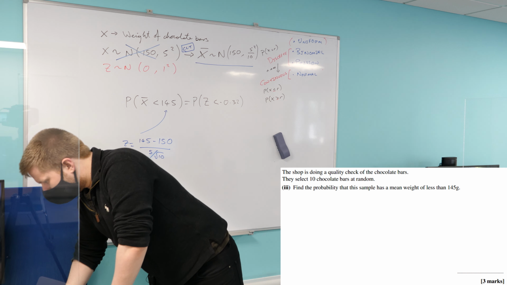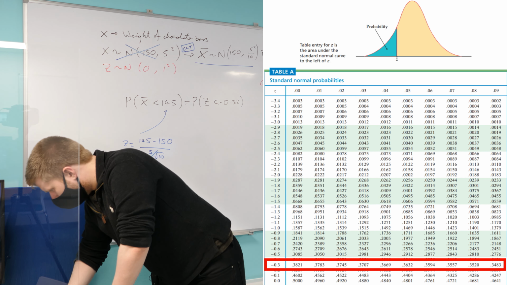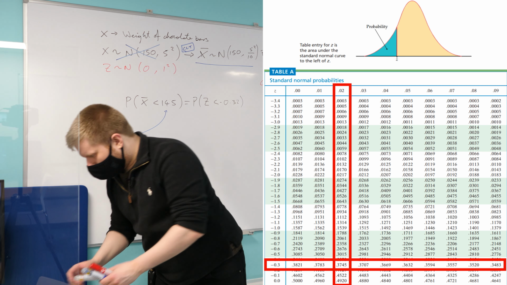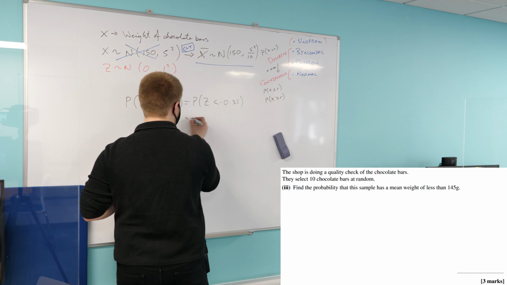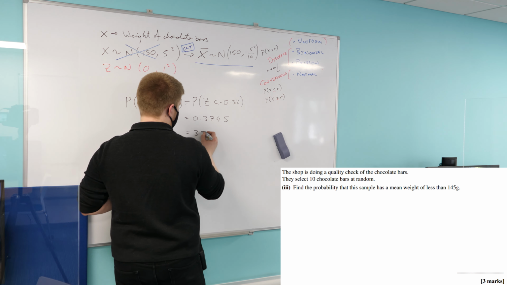So let's figure out what that is. I'm just going to pull up my tables. I'm going to use the negative 0.3 row, which is that one there, and I'm looking for 0.32, which is going to be 0.3745 as the probability. So if you like, that's about 37%.